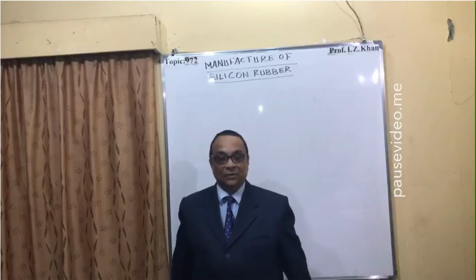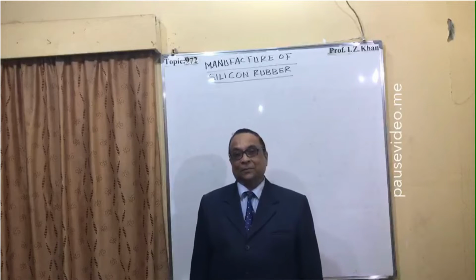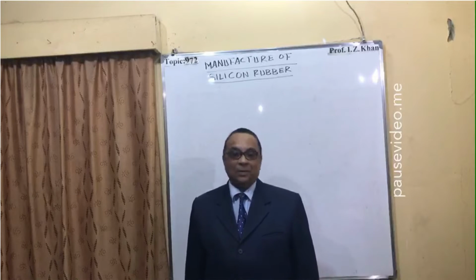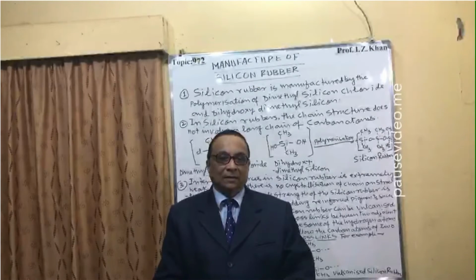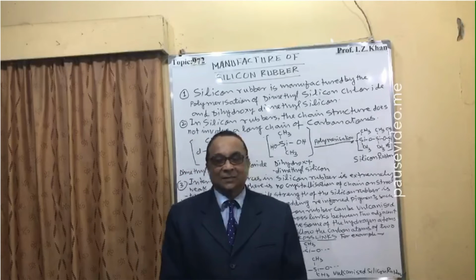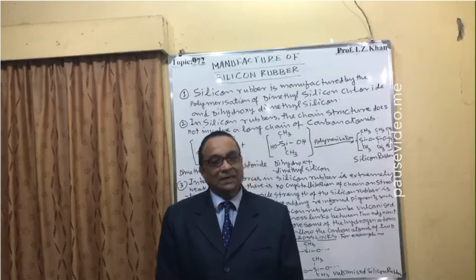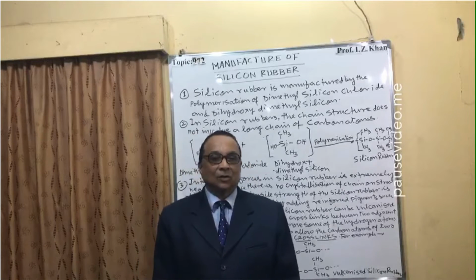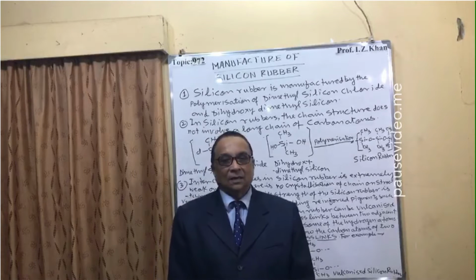So these are all very important points, and some of the very special types of rubbers I will also be discussing today. So here I am going to discuss how the silicone rubber is manufactured and how it is vulcanized in the presence of peroxide to have the cross link between two Si units.